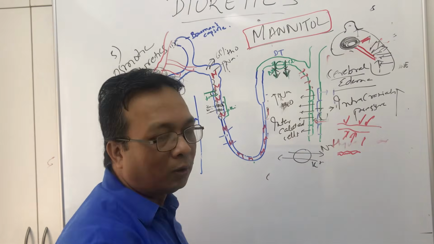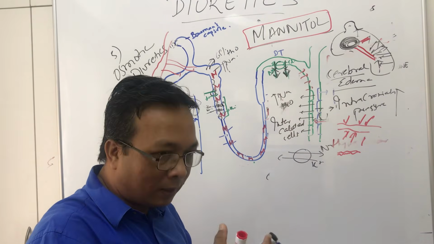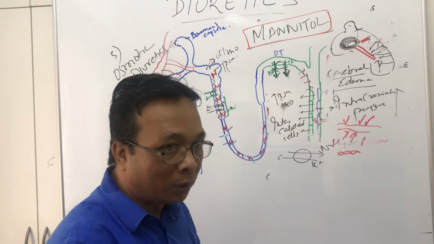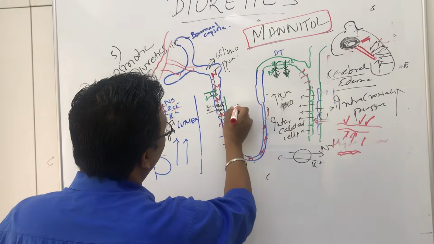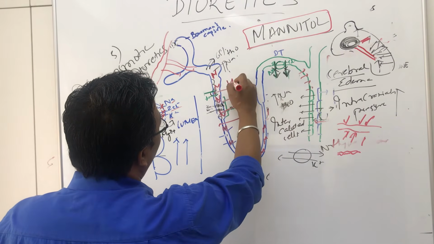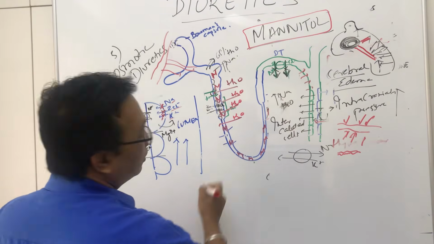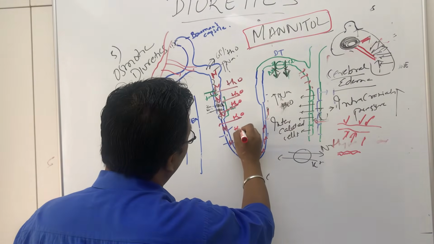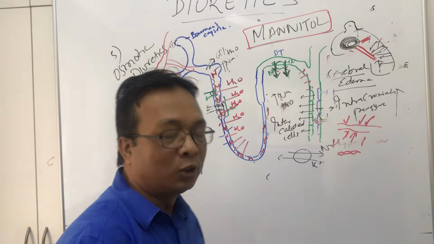But mannitol is a very high osmotic particle. It is highly osmotic, with a high osmolarity. So as a result, when mannitol passes, there will be lots and lots of water pulled into the tubule because mannitol is a highly osmotic particle.